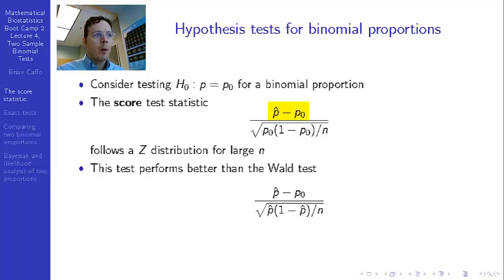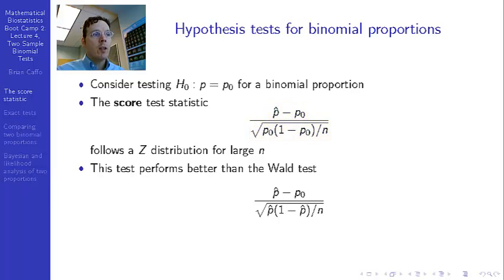But in order to compare this to a statistical distribution, let's normalize it by the standard error of P hat. The variance of P hat is P times 1 minus P over N, and under the null hypothesis, that's P naught times 1 minus P naught over N. So the standard error is the square root of that.